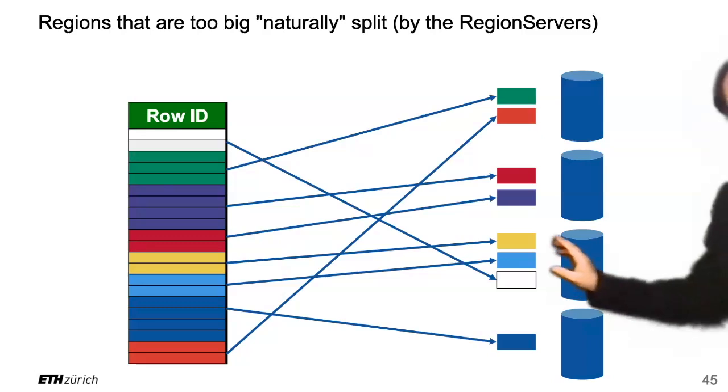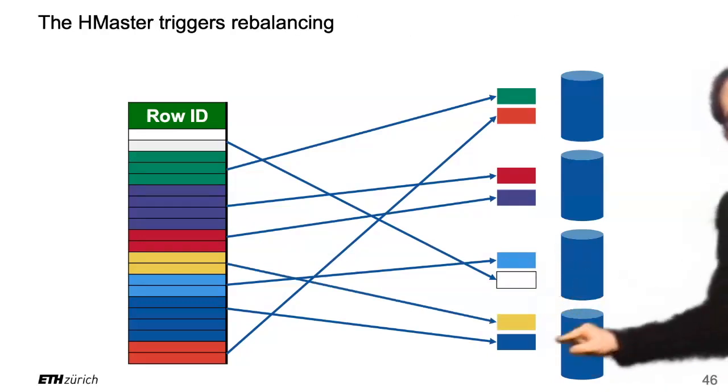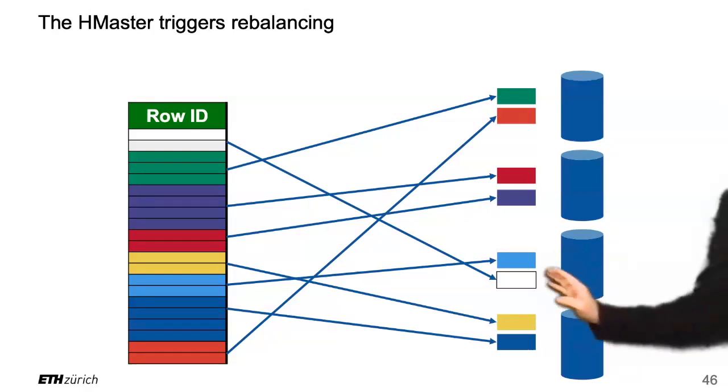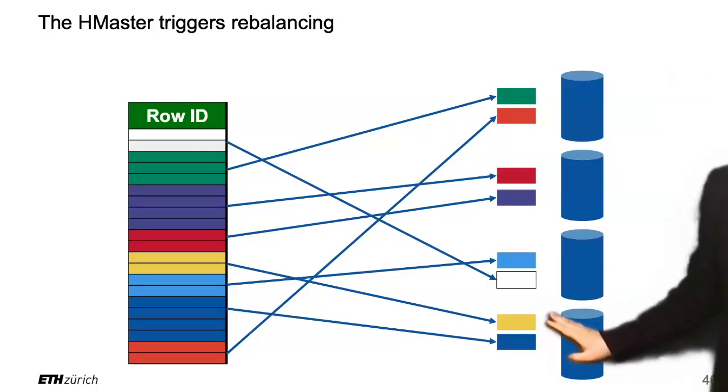When you suddenly hand over, at first this one is going to have to read remotely over the network from here. That might happen. And then after a while, it will be localized here. We will see why.